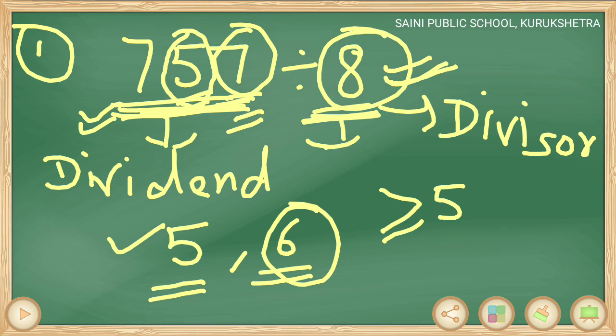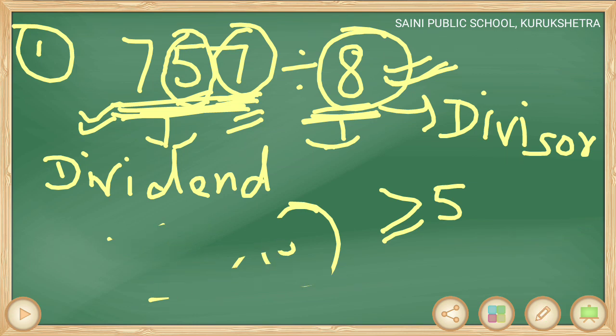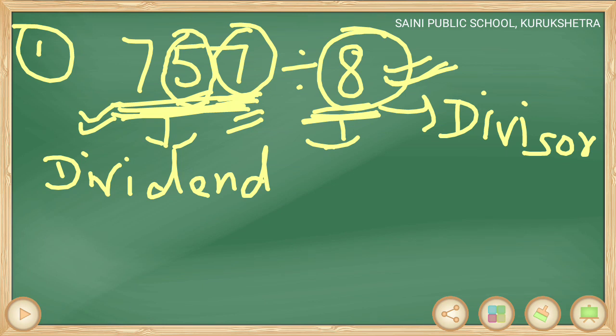For example, in this, 7 is greater than 5, so we will add 1 to the tens place, meaning 5 will become 6. So 757 will now become 760. Why? Because 7 is greater than 5.